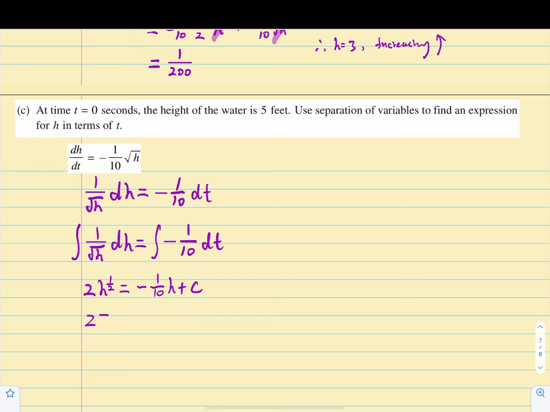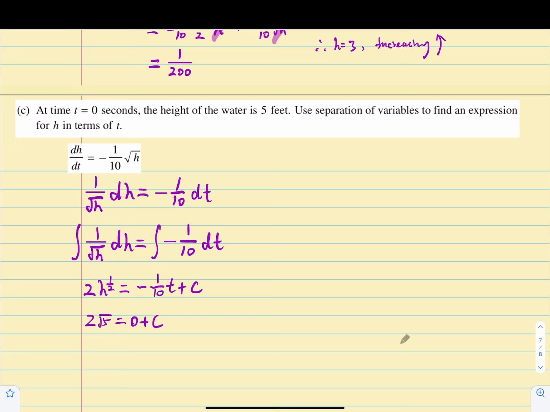Sorry, it should be t here. With t equal to 0, we substitute in, so 0 plus C, and C is equal to 2 square root of 5.